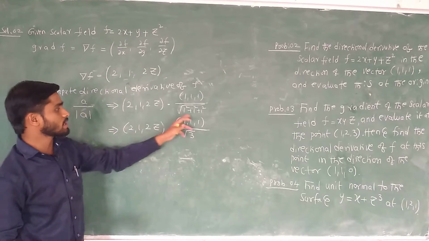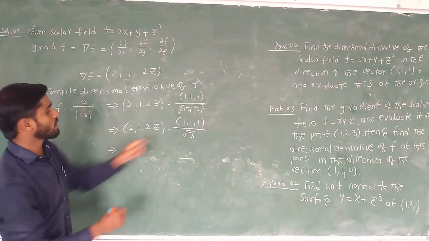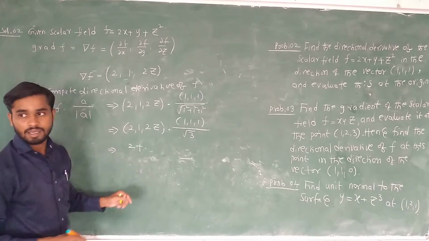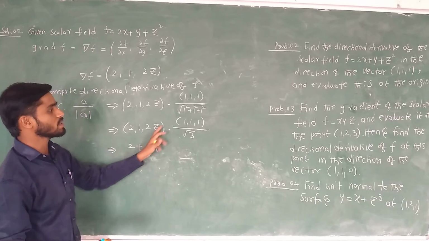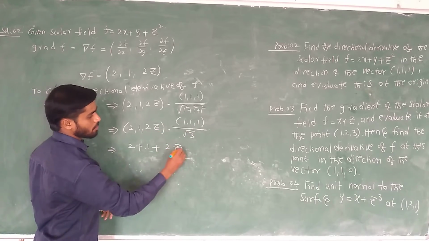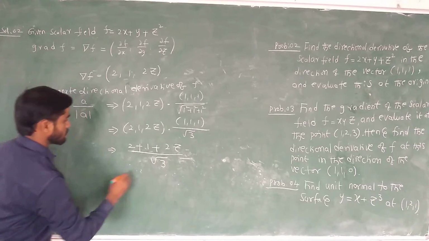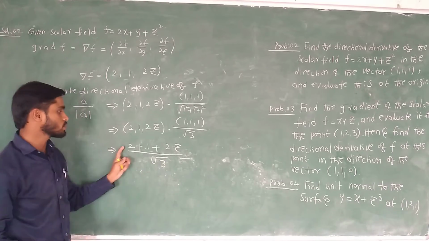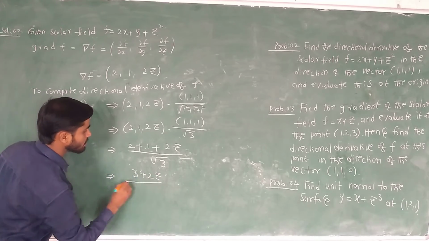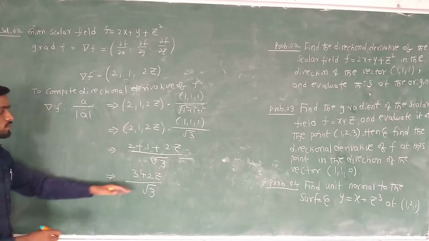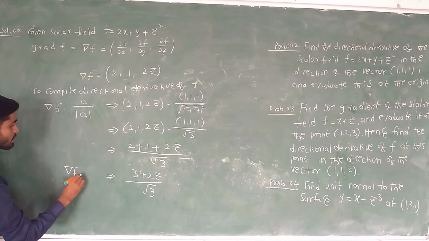Now take the dot product of these two vectors: 2 into 1 is 2, plus 1 into 1 is 1, plus 2z into 1 is 2z, by root 3. So 2 plus 1 is 3, so (3 + 2z) by root 3. This is the directional derivative, del f dot a by mod a.